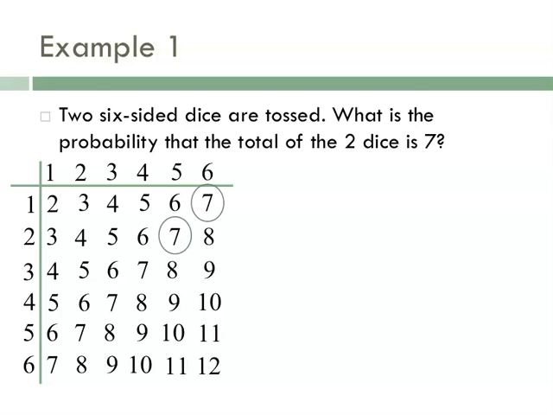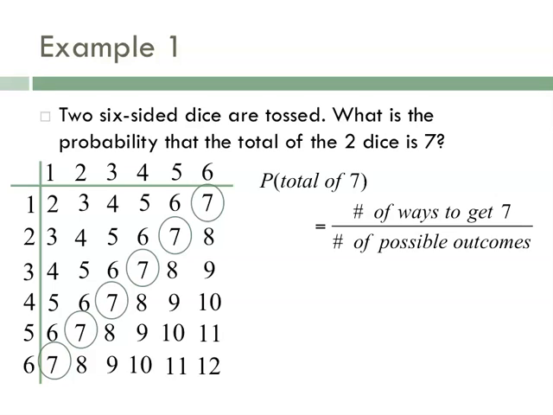So to get the probability of the event being getting a sum of 7 or a total of 7, we need to put down the number of ways to get 7, which in this case it looks like there are 6 different ways to roll a 7, and then put it over the number of possible outcomes. So starting with that 2 that we first wrote down, after we wrote down 1 through 6 and 1 through 6 on the top and on the left, all the way to when we got to 12.